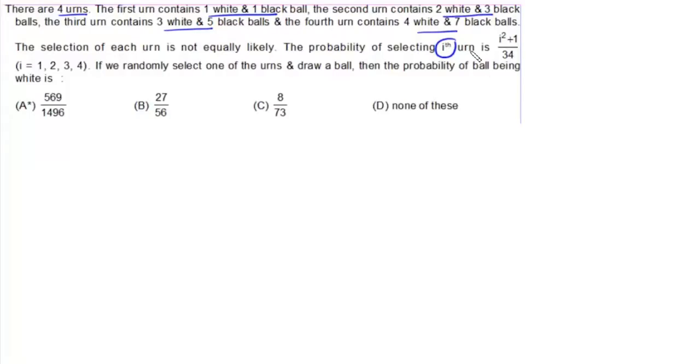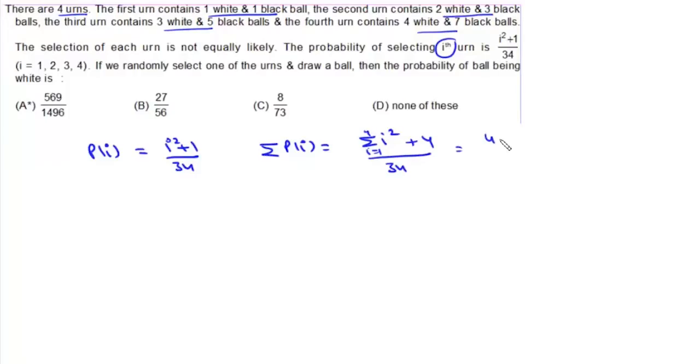Now first we are given that the probability of selecting any ith urn is (i square plus 1) upon 34. Now the summation of pi, if you want to check, will be the summation of i square, where i varies from 1 to 4, plus the summation of 1, which is 4, upon 34.